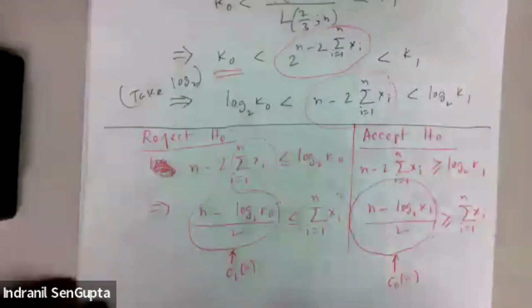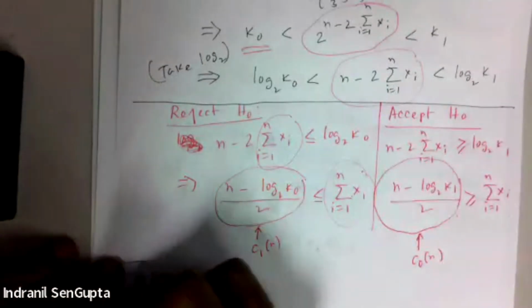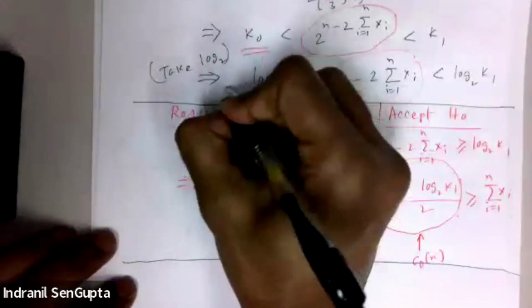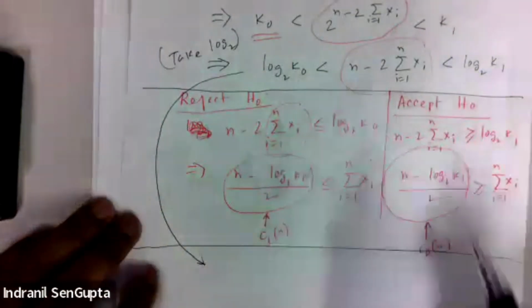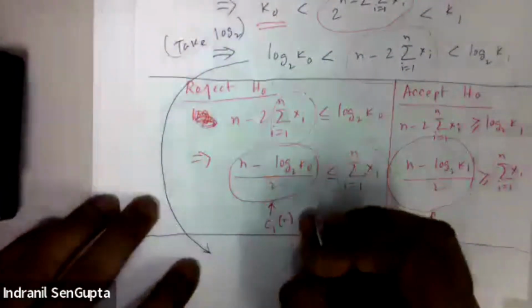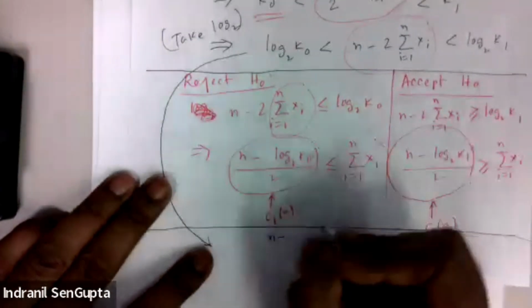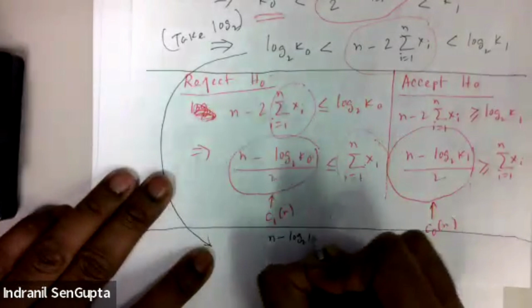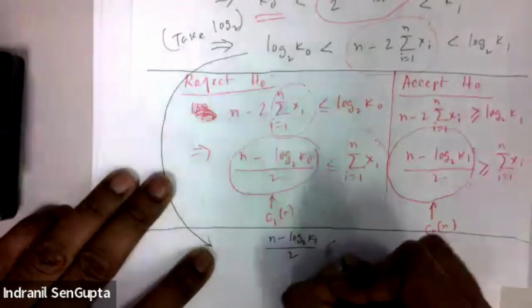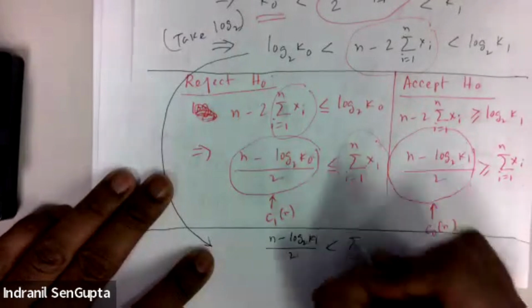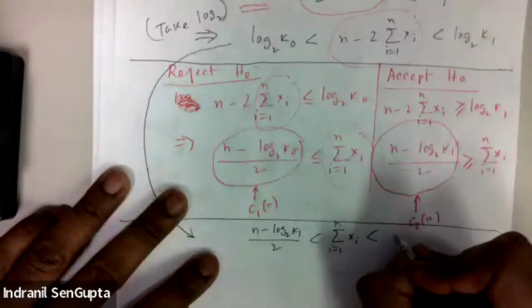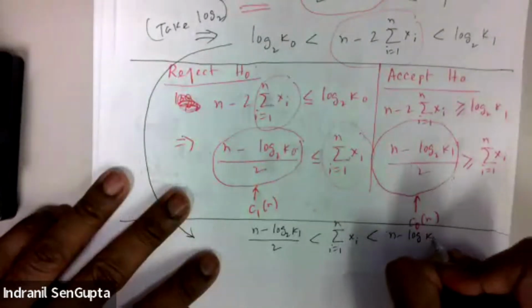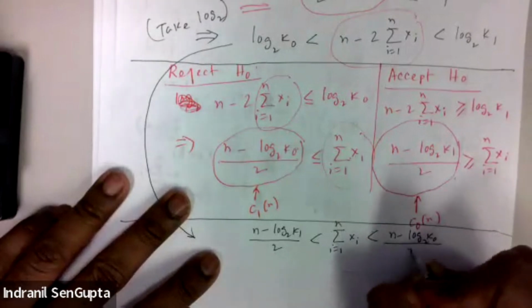Okay, so it's easy to see from here, this inequality, I can write this as n minus log of 2k1 over 2 is less than the sum from i=1 to n of xi is less than n minus log of k0 base 2 over 2.